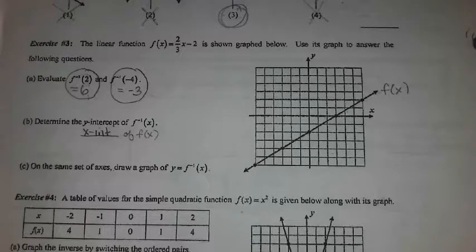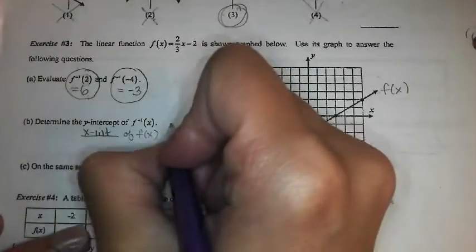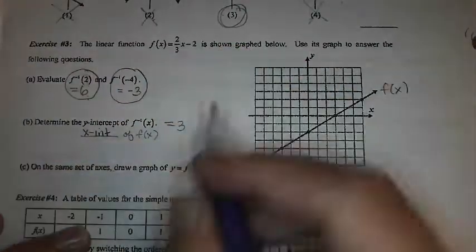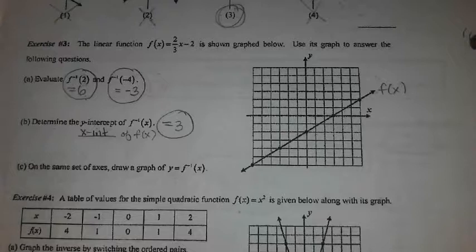So where is this function f of x crossing the x-axis? 1, 2, 3. So this is 3. Again with the swapping. The y-intercept of the original is the x-intercept of the inverse and vice versa.